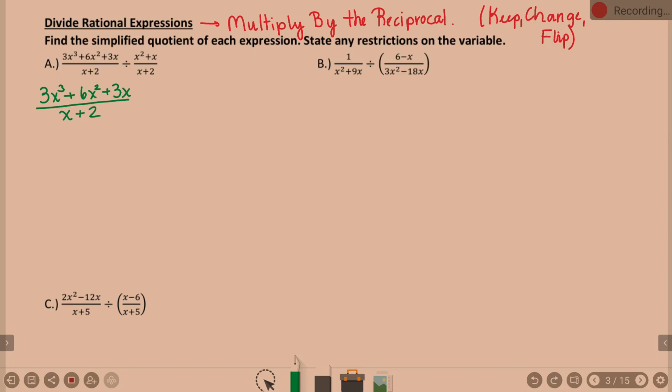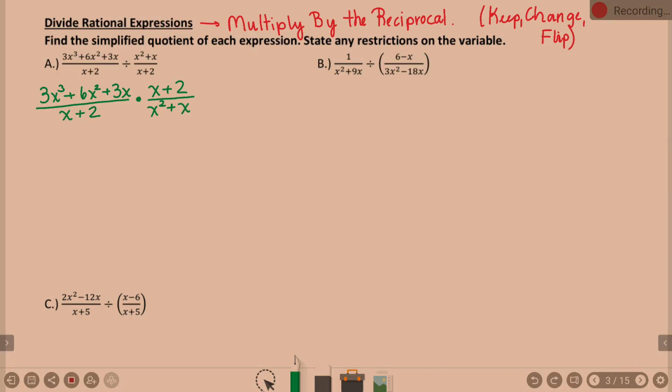I'm going to change division to multiplication, and I'm going to flip the second fraction. So it becomes x plus 2 over x squared plus x. Okay, so there's your keep, change, flip. From here on out, it's the same as what you've been doing on the other problems. No different than the front side of our notes.